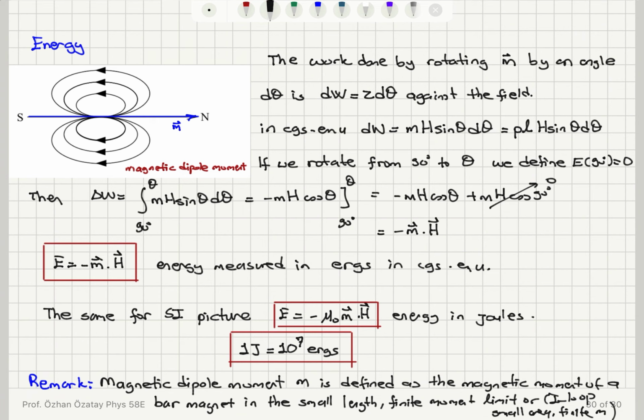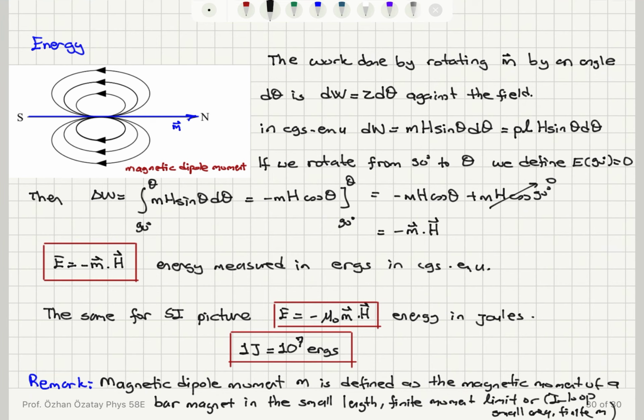Torque d theta is the work done. If I integrate torque d theta from 90 degrees to the angle theta, so that initially the magnetic moment was perpendicular to the field and finally it is at an angle theta with respect to the field, I see that this energy is minus m dot H.